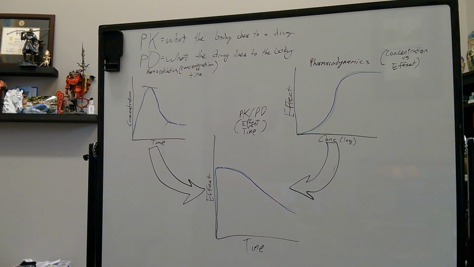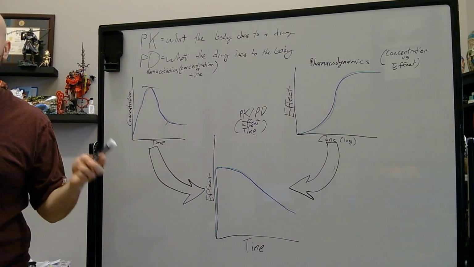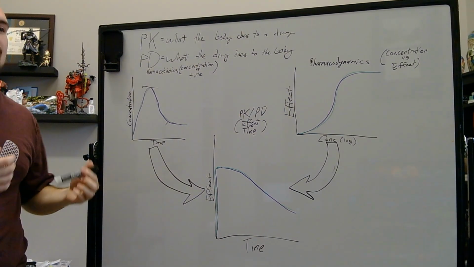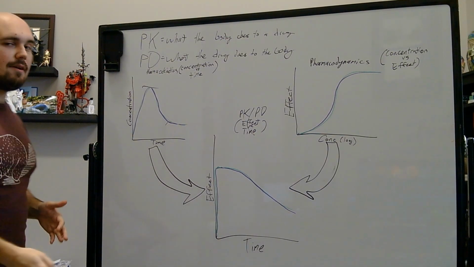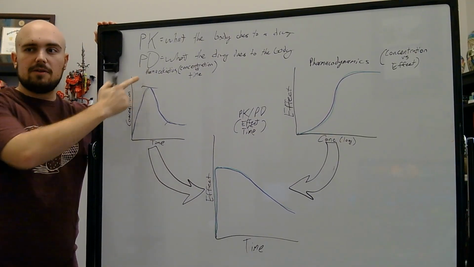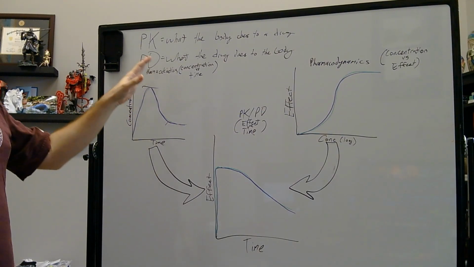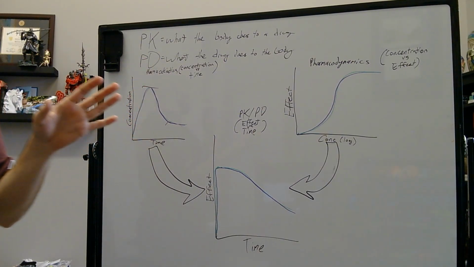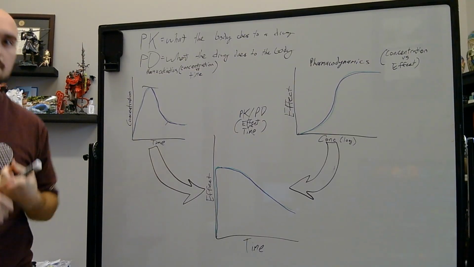All of those words that I just said purely describe drug levels and not necessarily the effect of the drug. The effect of a drug is all for pharmacodynamics. So pharmacodynamics is what the drug does to the body. Pharmacodynamics is about effect.